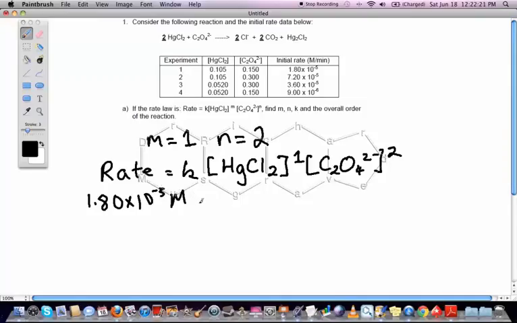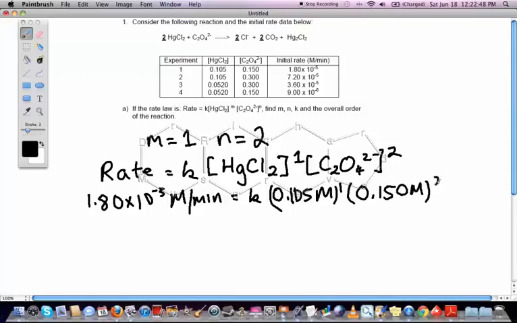And the units of k will also be important, so I'm going to include units in my calculation as well. So we've got HgCl2, that's going to be 0.105 molar to the power of 1, and 0.150 molar to the power of 2.